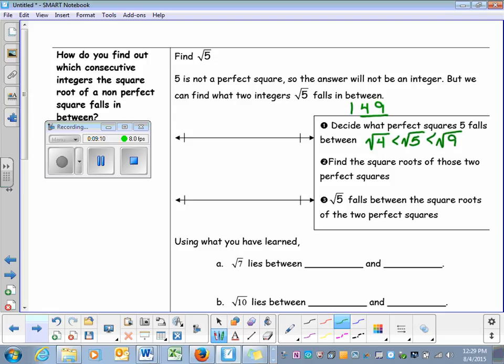I'm between those two numbers, which means 2 is less than the square root of 5, which is less than 3. The square root of 4 is 2, and the square root of 9 is 3.